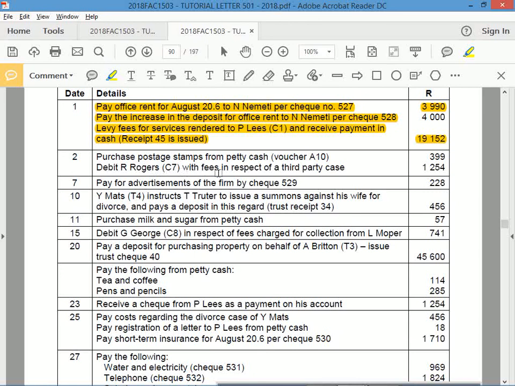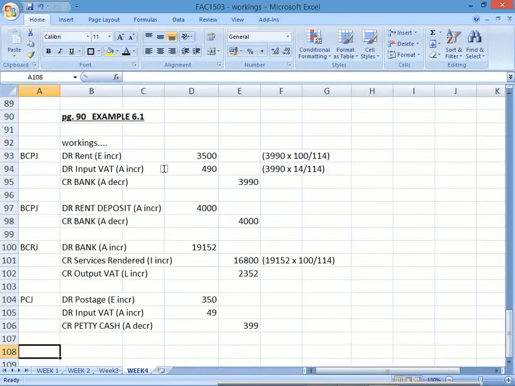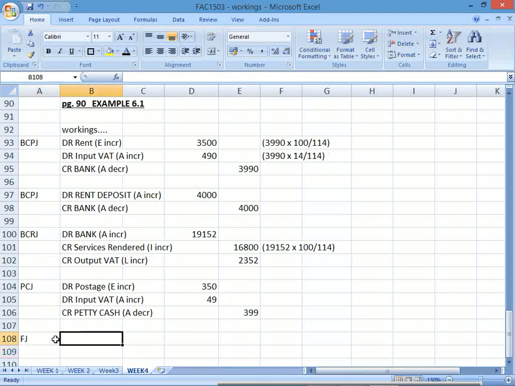Debit Rogers with fees in respect of a third-party case. Now we've got something different, something that we looked at today. Client fees journal. Why? Has the client paid you? No, you're just charging his account with the fee. So debit Rogers, what are we going to do? Fees journal, FJ.